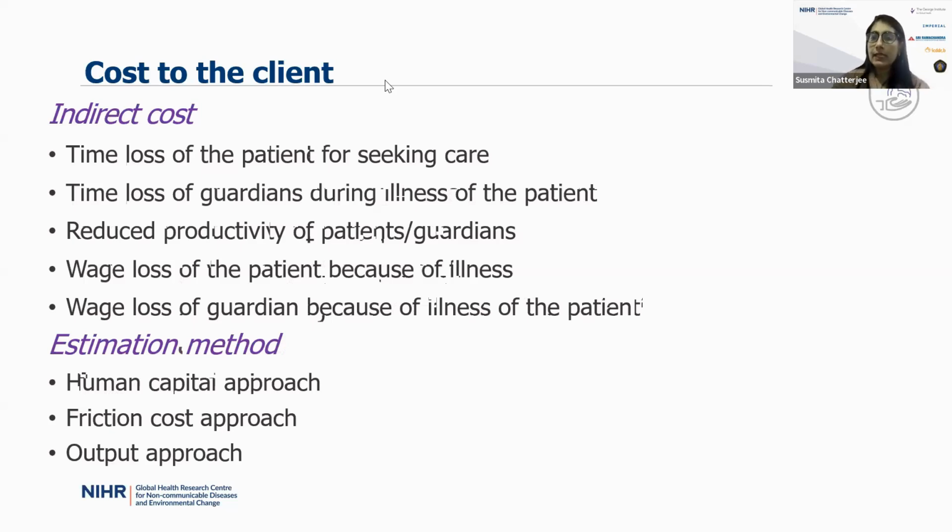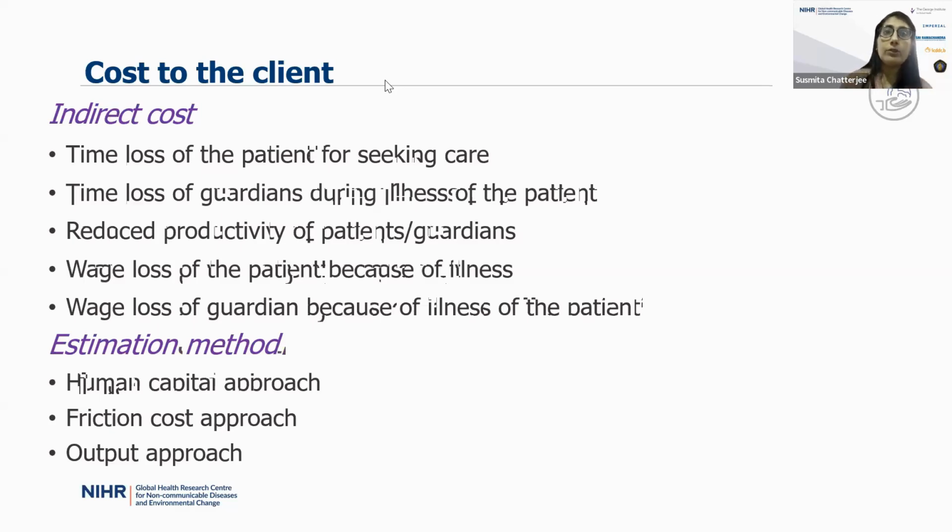So indirect cost is basically the time loss or reduced productivity. What does it mean? Suppose someone used to work for 8 hours before the disease and now works for 4 hours. That's the reduced productivity. 4 hours is reduced. If you want to cost that, it is up to the researcher how to calculate the indirect cost. But indirect cost generally takes into account the wage loss of the patient or the guardian. It's up to you, okay?